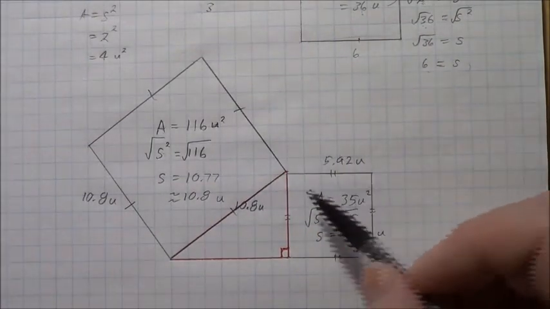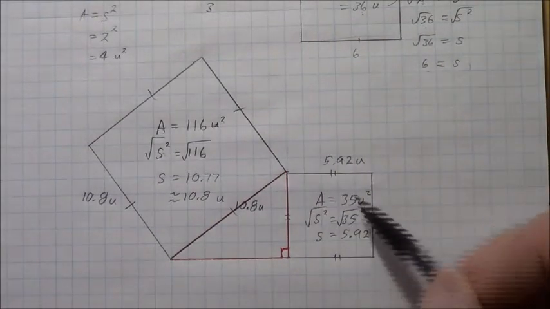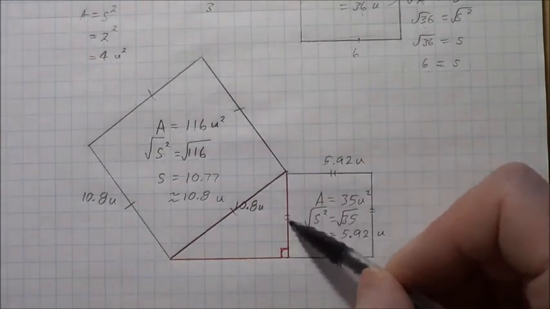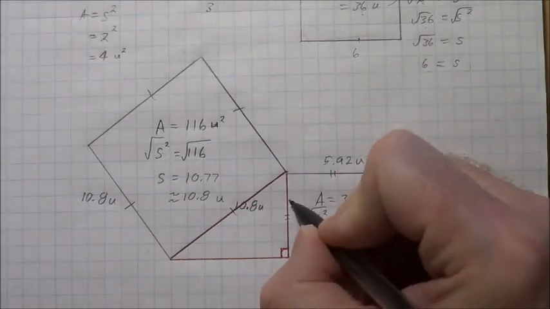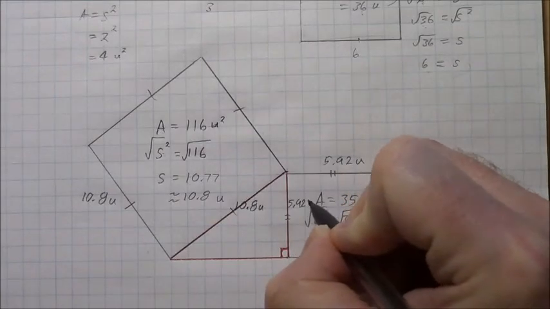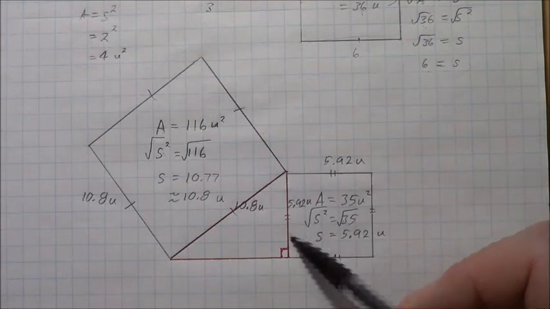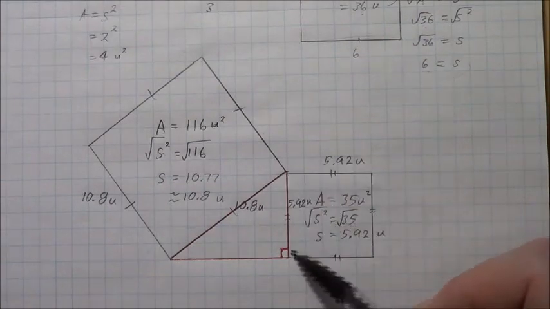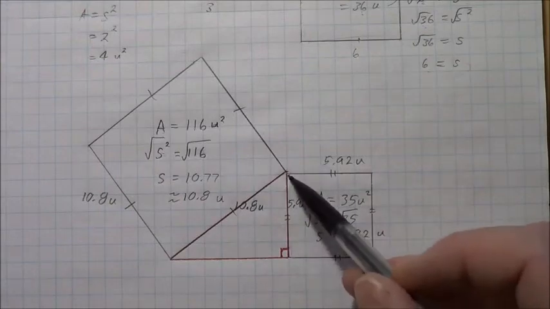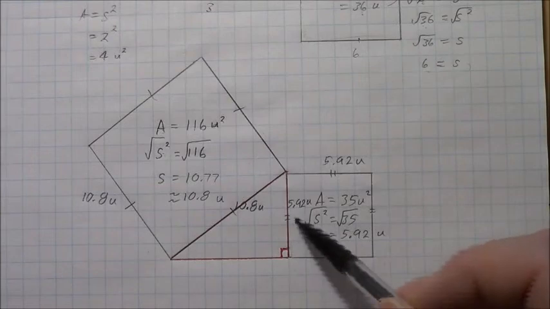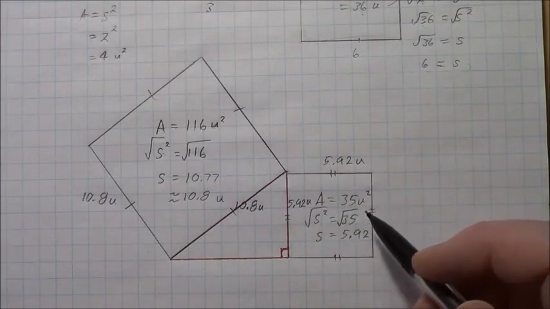And so, of course, if the side length of the square is 5.92, that means that this side is also 5.92 units, which means that because this side of the square matches up perfectly with the leg of this triangle, the leg of this triangle has got to be 5.92 units in length as well.